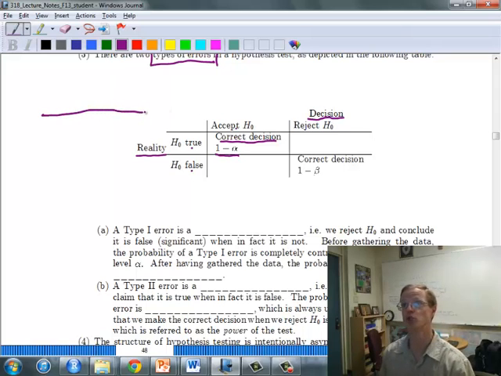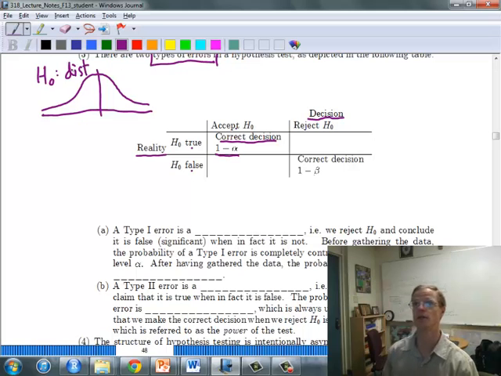You may not understand this now, but if you come back to it later, it'll make more sense. That probability distribution that we're drawing is called the null distribution. That parameter that we're testing is typically in the center of the distribution.